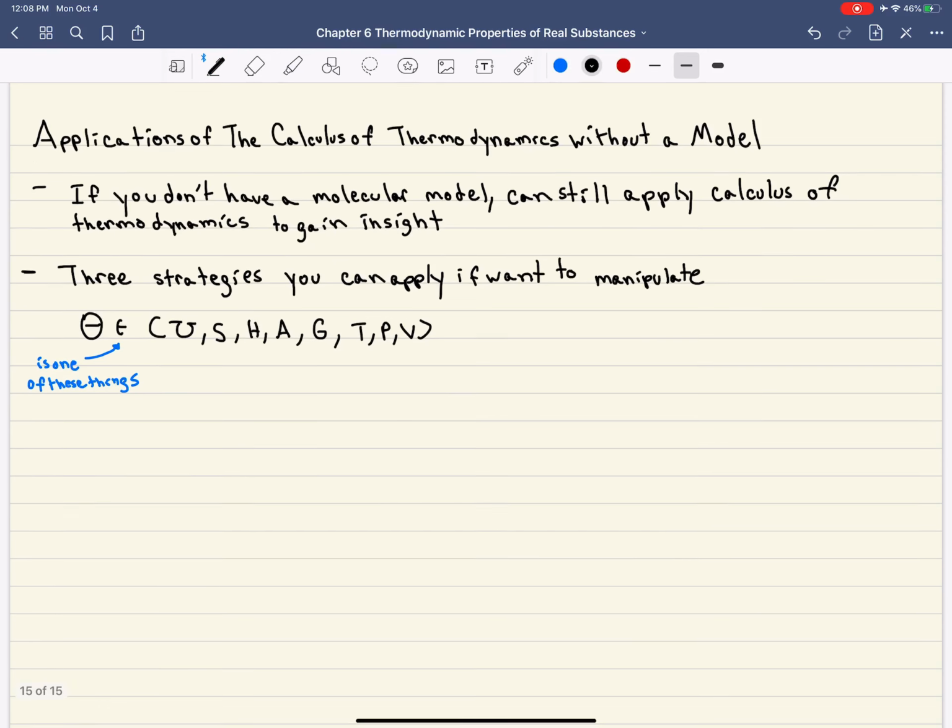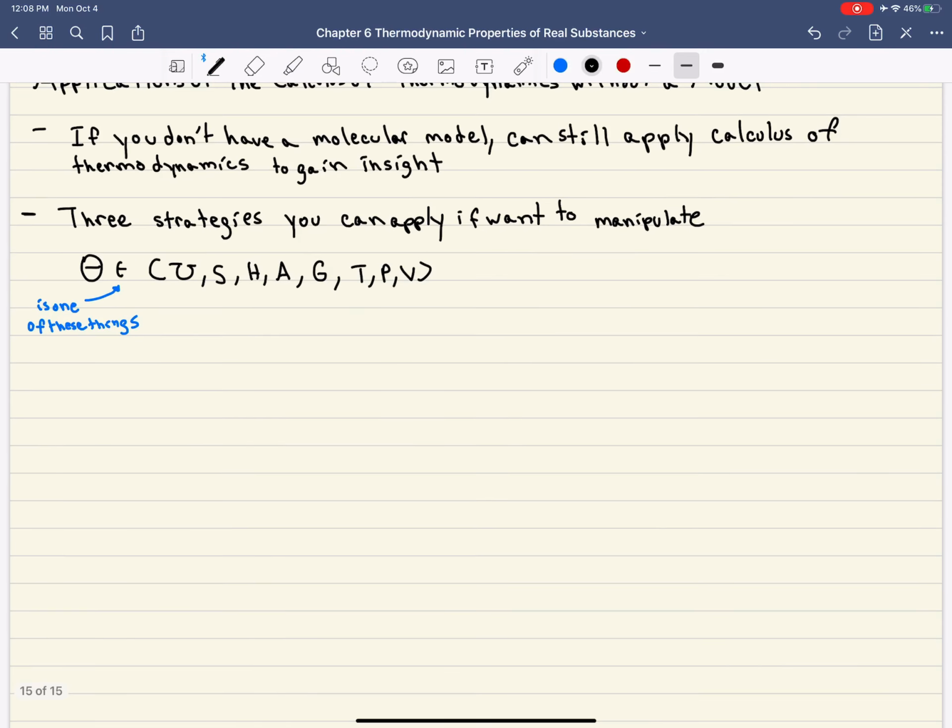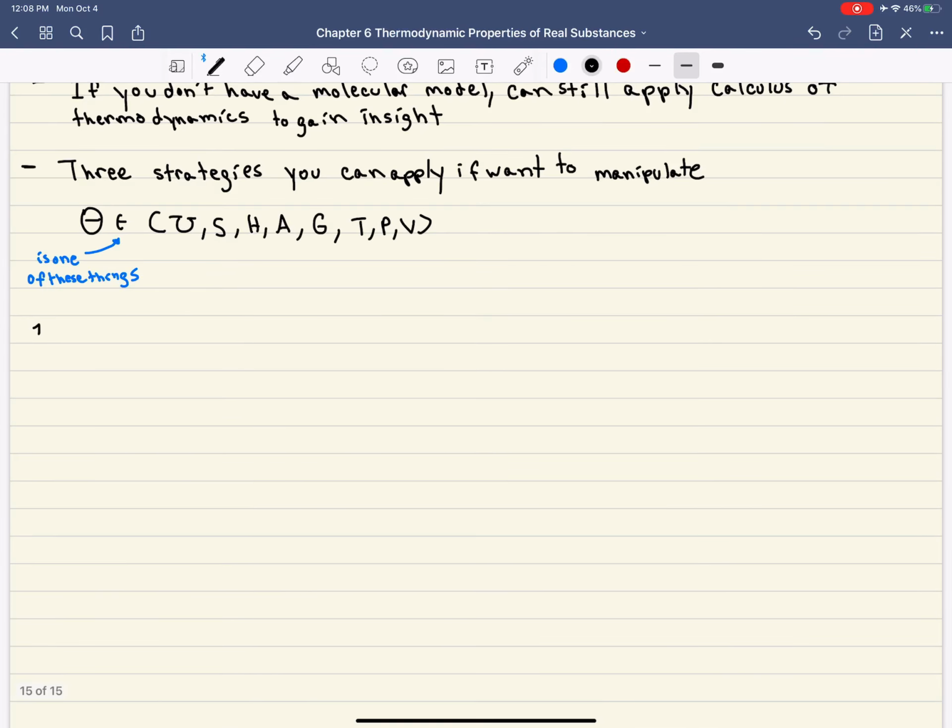So if you have a function that's one of those things, here are three common mathematical tools that you'll want to use when trying to use the calculus of thermodynamics to develop a model. The first mathematical tool that we'll go to quite a bit is the expansion rule.